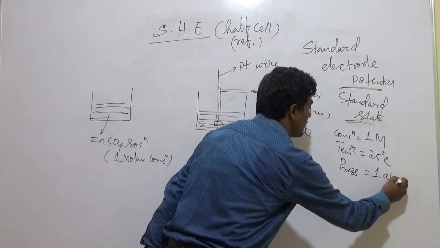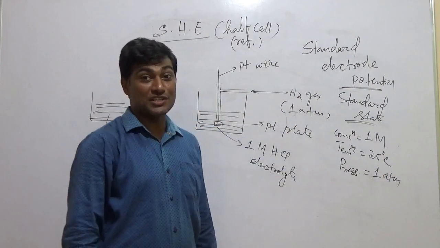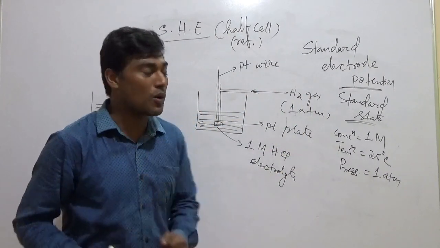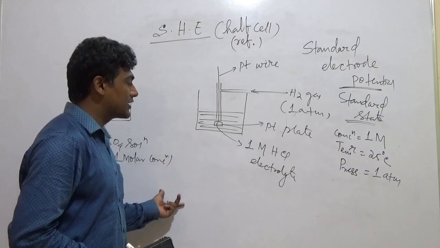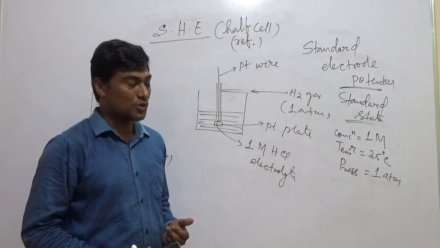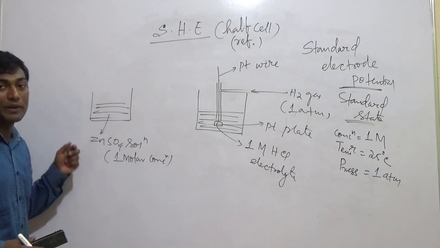If you measure the electrode potential at these conditions, then it is called standard electrode potential, and that's why in the standard hydrogen electrode we have taken 1 molar hydrogen chloride as electrolyte. We have also taken the 1 molar concentration of the zinc sulfate solution.